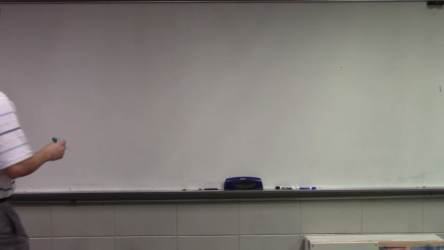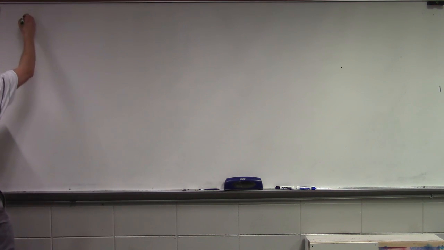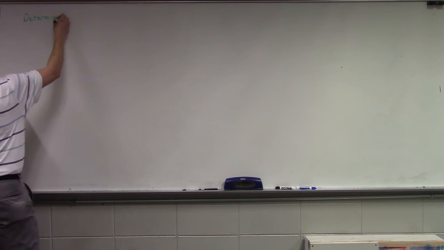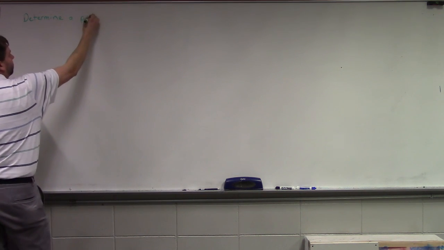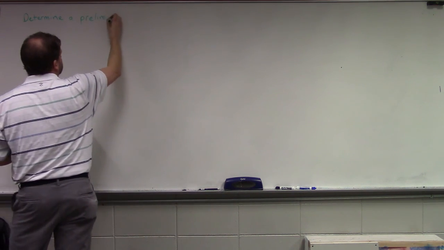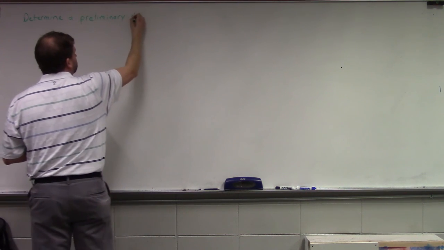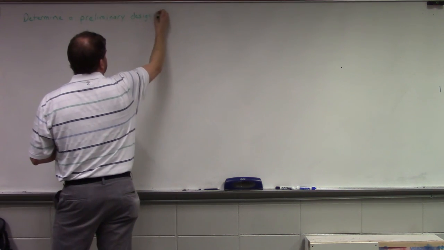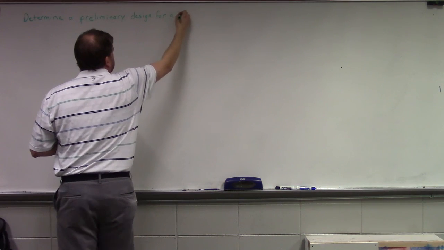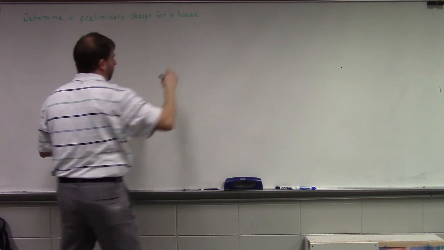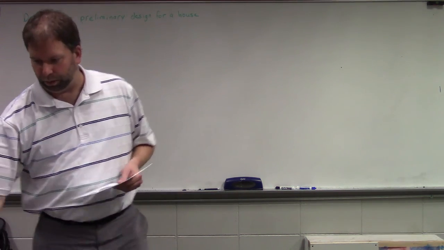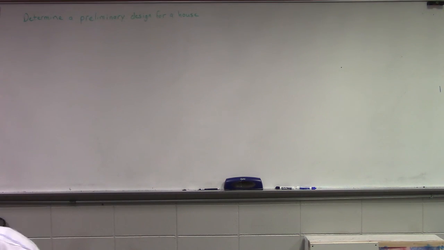So the example that we're given is: determine a preliminary design for a house. And before we draw it up, I want to point you to a couple specific tables in the book that you're going to need.